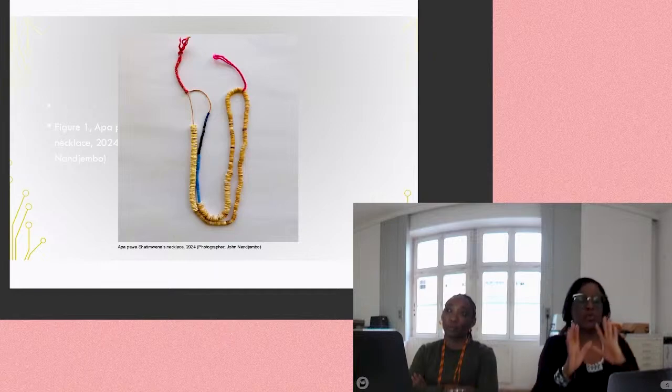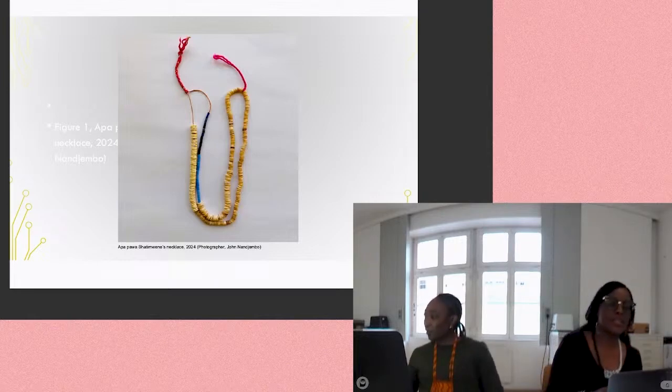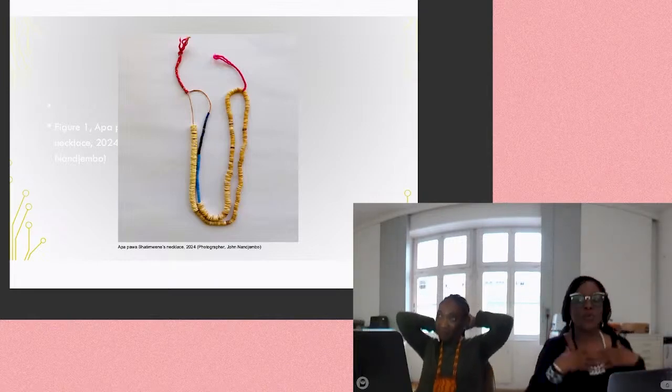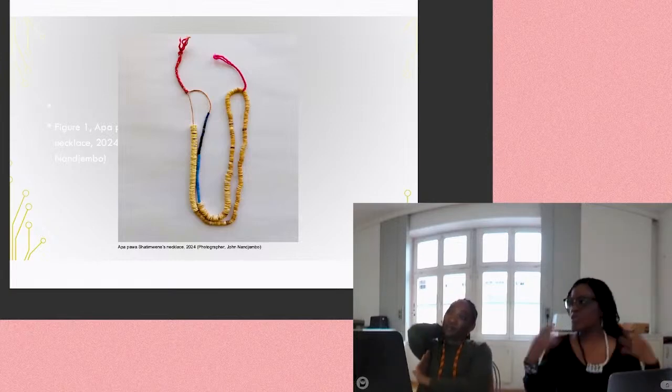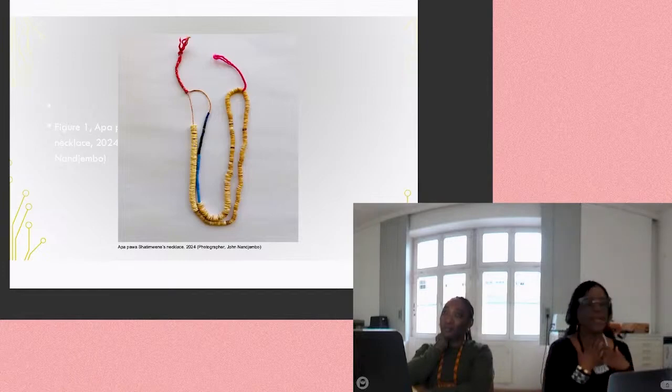Okay, I don't want to mix them up, but she said those two necklaces represent the elephant clan and the lion clan. So she's a university student and she's still wearing this just to connect to her culture, which I found really fascinating because I don't even know where mine is.